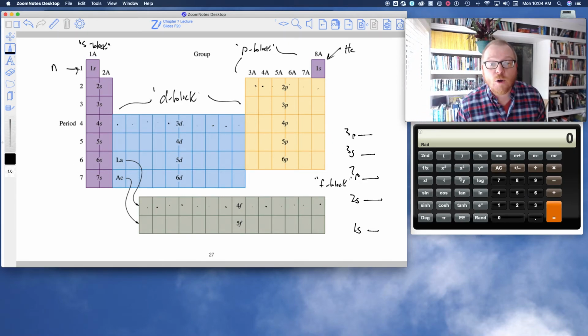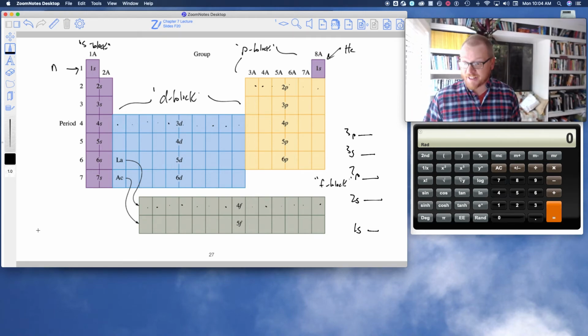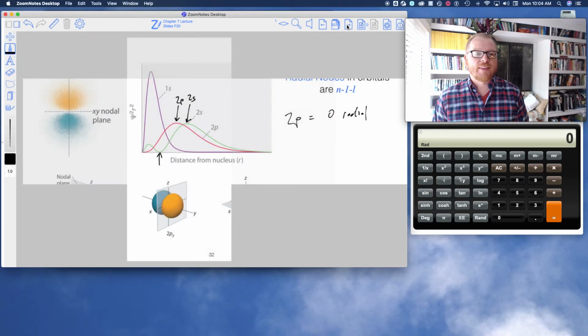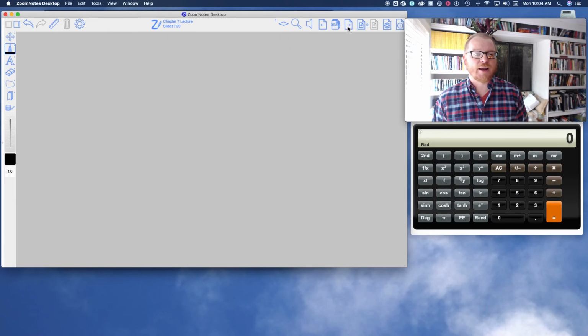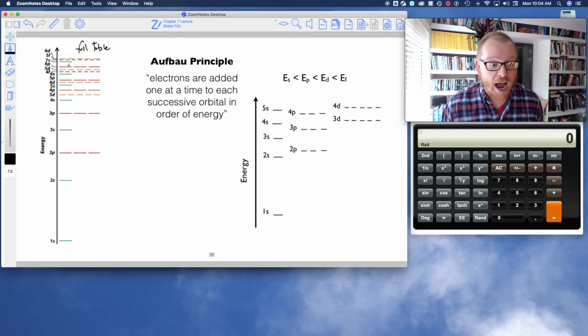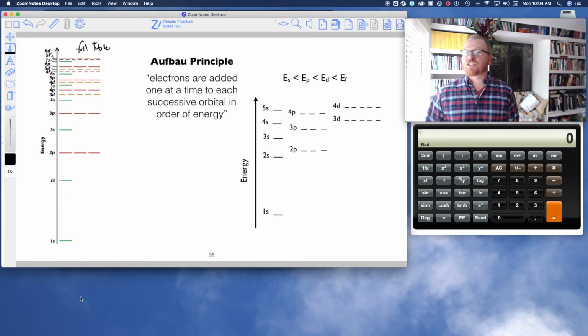We can literally go left to right, top to bottom, and that is the correct order for these energy level diagrams right here, okay? So this complicated mess of order is just unraveling the periodic table.